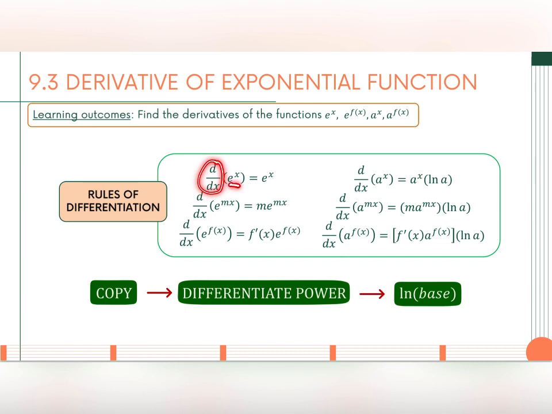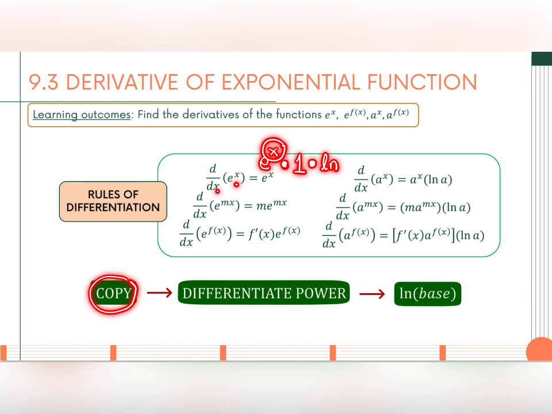Okay, so saya tunjukkan contoh untuk differentiate e to the power of x. By using these rules, first, dia kata copy. So differentiate e to the power of x will be copy, darab dengan differentiate power. Differentiate x, kita dapat 1. Darab dengan ln of the base.